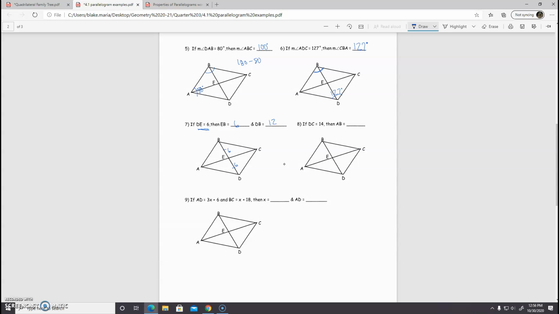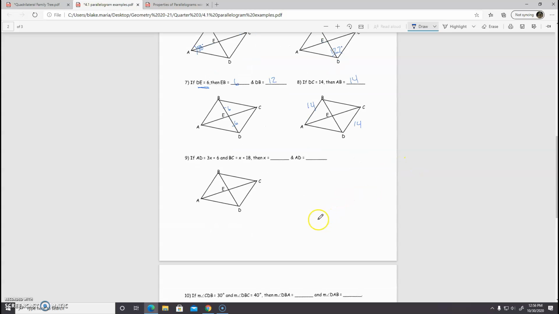Now, we don't know anything about AC. We know that AE is the same as EC, but we don't know their lengths until they put it on there. DC is 14. What's AB? Opposite sides are equal. AB is 14.